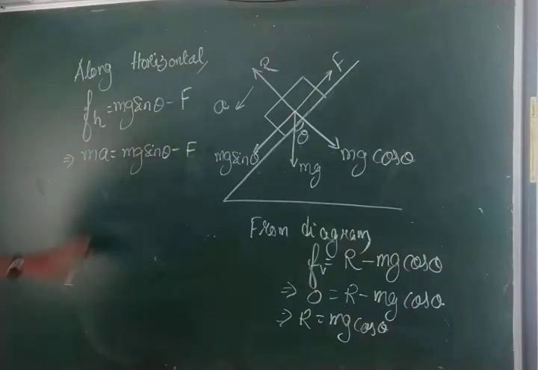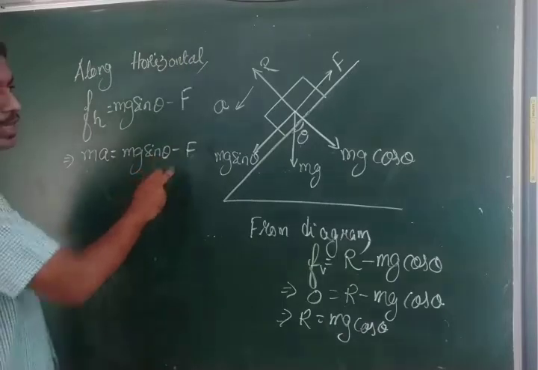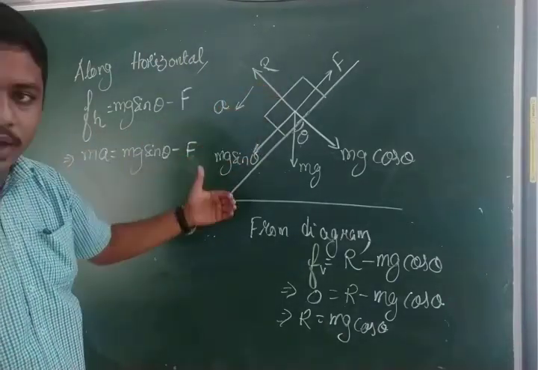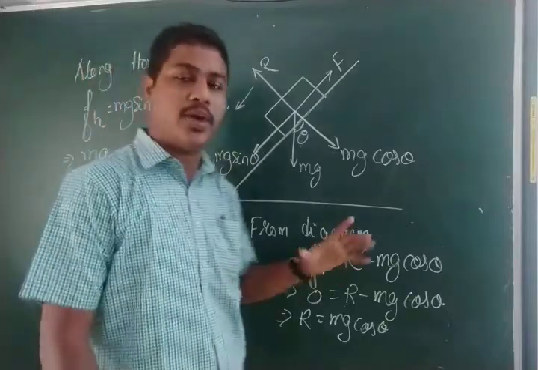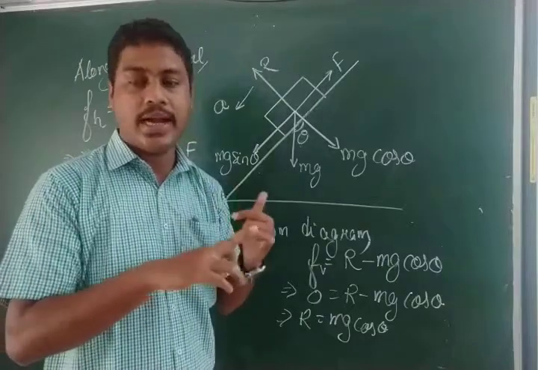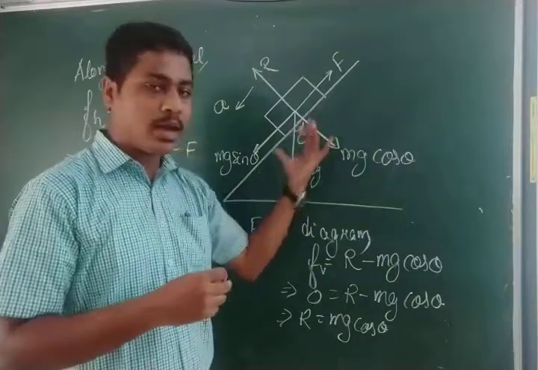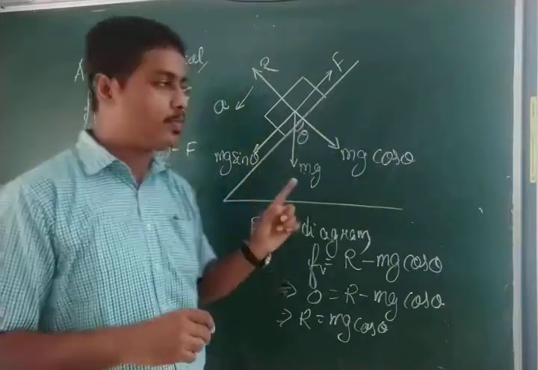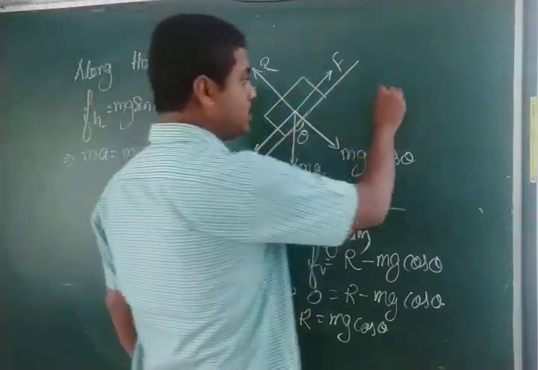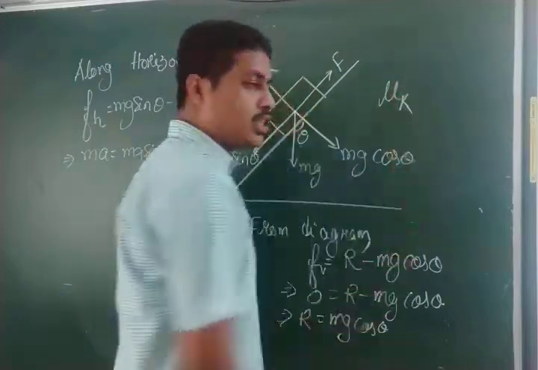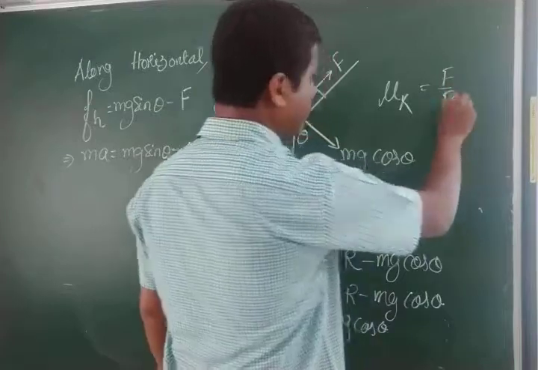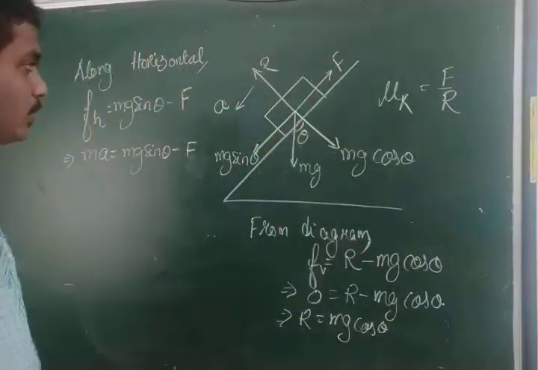But before finding this value, the frictional force that is applied on this object, since it is sliding down or moving, I have already discussed the different types of friction: the limiting force of friction, the static friction and the kinetic friction. When the object moves, the friction applied is the kinetic frictional force. And I have done one term related with the coefficient of kinetic friction, that is mu k is equal to F by R, that is frictional force by the reaction force.